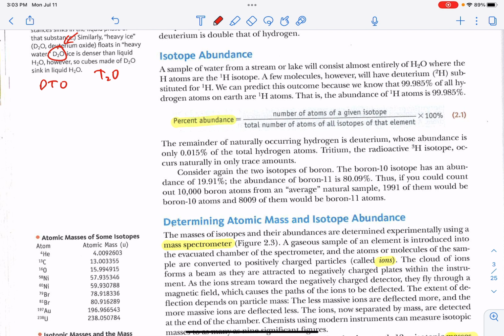You should be able to go from those masses to their percentage abundance, and you should also be able to go from the percentage of each isotope to the relative mass, I should actually say the weighted average, of the isotopes. Those are two different math calculations, and again, there are examples in this chapter, and we'll go over those later in class, and you might remember them from last year.